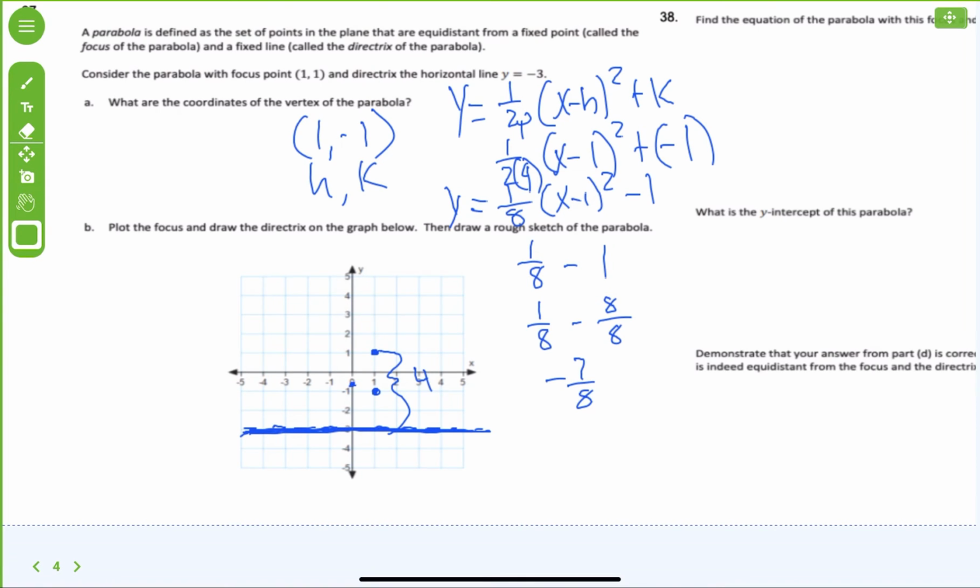So right here is going to be, let's just say, my y-intercept. It's going to look something like that. It's going to be a very wide parabola there.